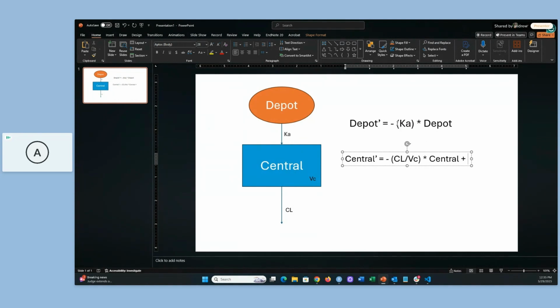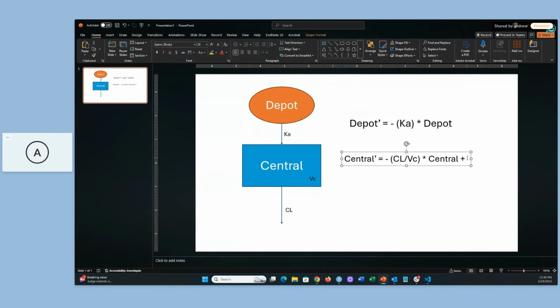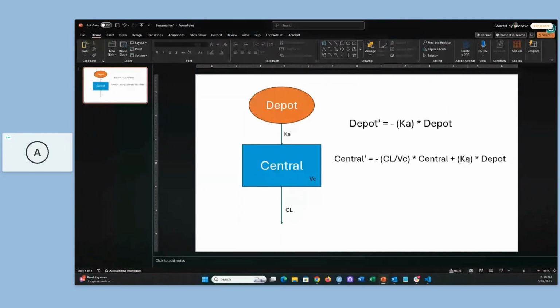The easiest way to think about it is you can take what you had as your negative, and you have to have it as an input somewhere else. So exactly as you had it, I just have it tagged at the end. So our Ka times depot, we now have a positive amount of drug coming into our central, and it's also being defined by an elimination based off of our clearance. Good. Excellent.